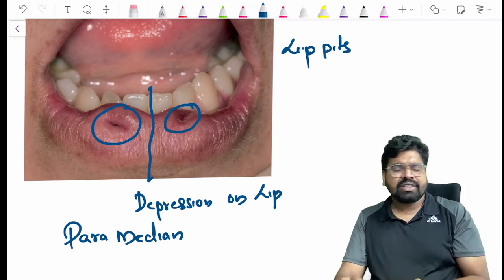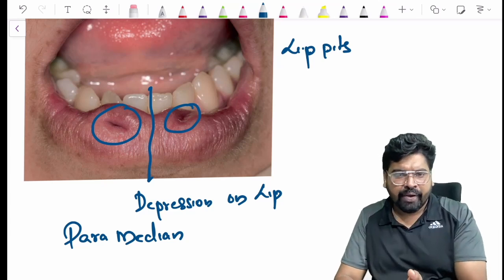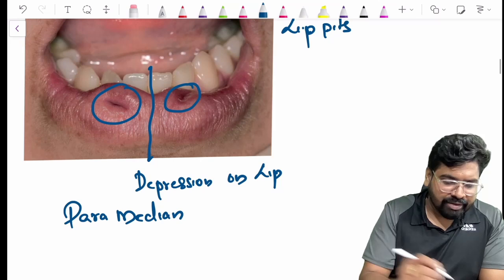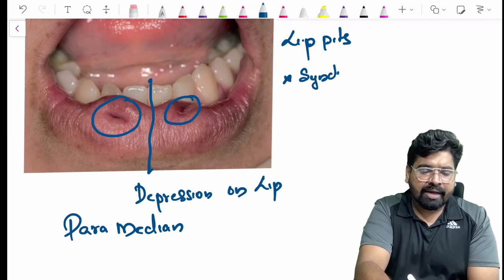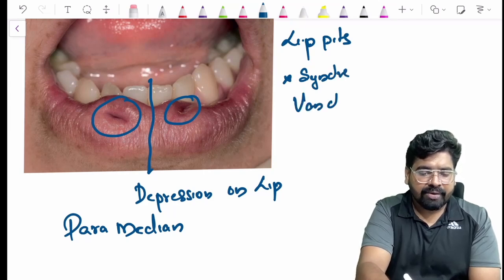Now, this originates during the development of the lip, and it is seen in certain syndromes. Please remember the syndromes where you see these paramedian lip pits. One is Van der Woude.